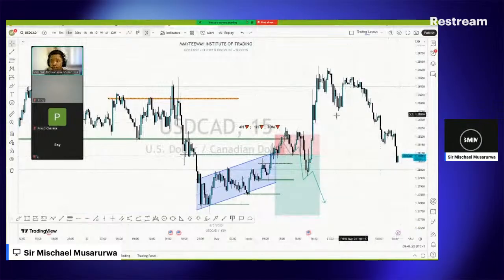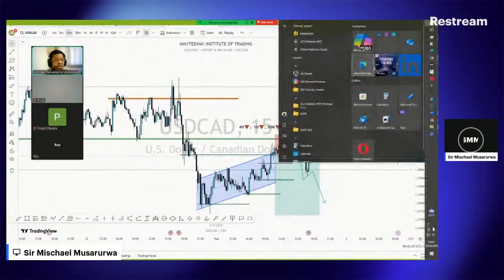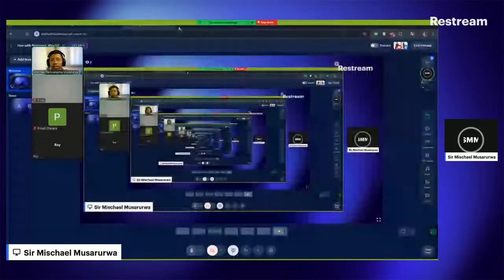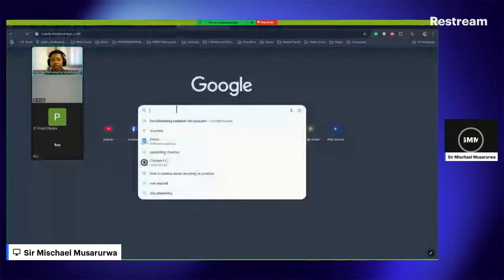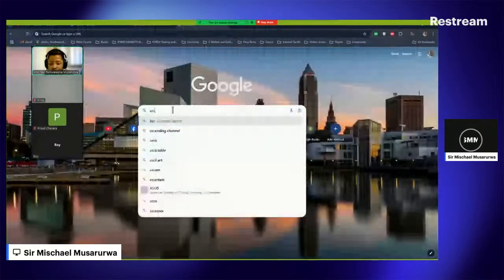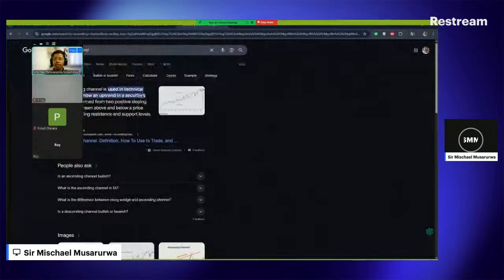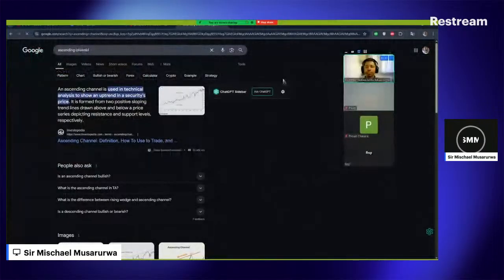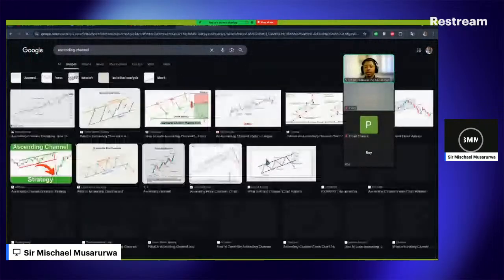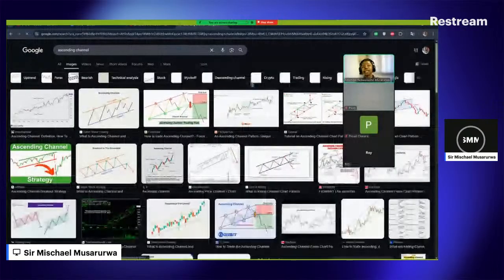So for you to understand, let me go on Chrome so that I can show you what I'm talking about. Ascending channel. Now, I've traded these many times, as additional confluence.